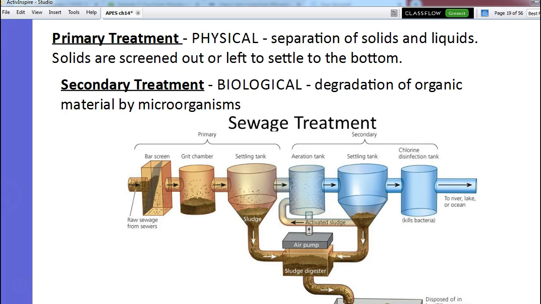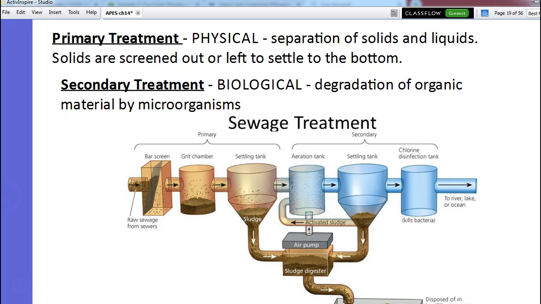The secondary treatment is biological. So we use microorganisms to degrade some of that material. So we add a bunch of oxygen, as you saw, to keep the microorganisms happy. And we allow a lot of those microorganisms to be killed. Sometimes you'll hear tertiary treatment.